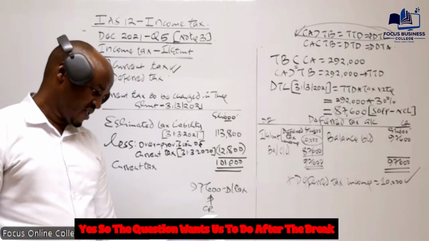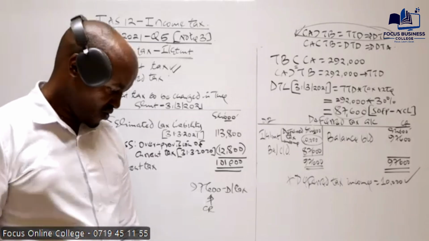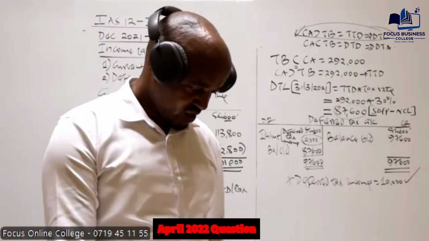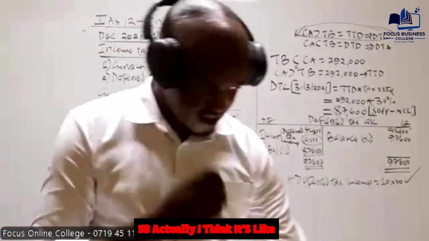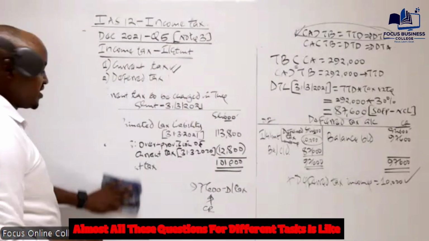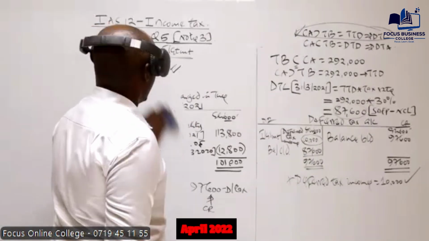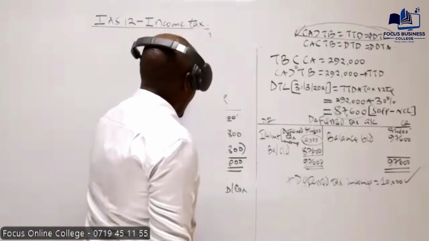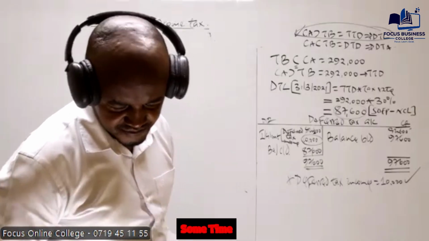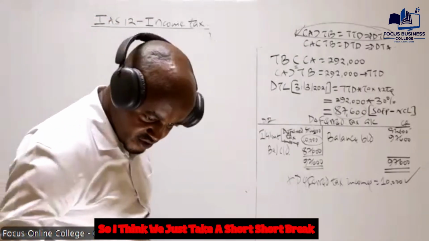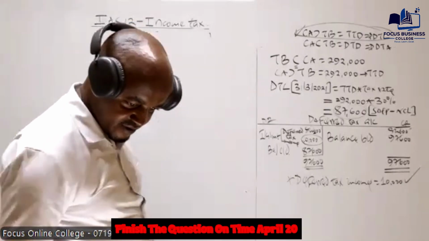Yes, so the question I want us to do after the break is April 2022, question 5B. Actually, I think almost all of these questions for deferred tax are in question number 5. April 2022, question 5, and because that question will consume some time, we'll just take a short break, and then we come back because I want us to finish the question on time.